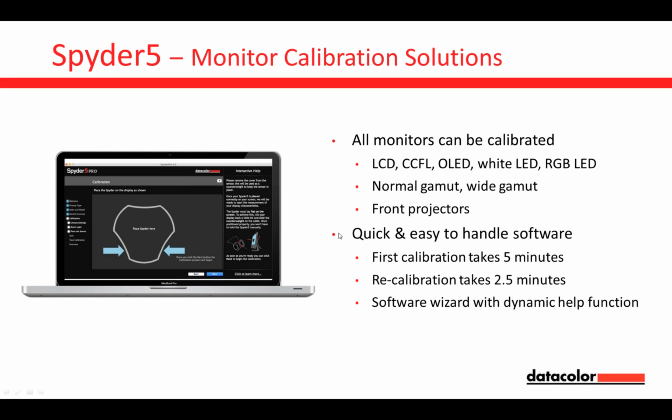So 2.5, that's it. What's new, we have a software wizard with a dynamic help function. You see, because if you have a Spyder4 Pro or a Spyder4 Elite, you have more advanced possibilities, what you can do. You don't have to, but you can.